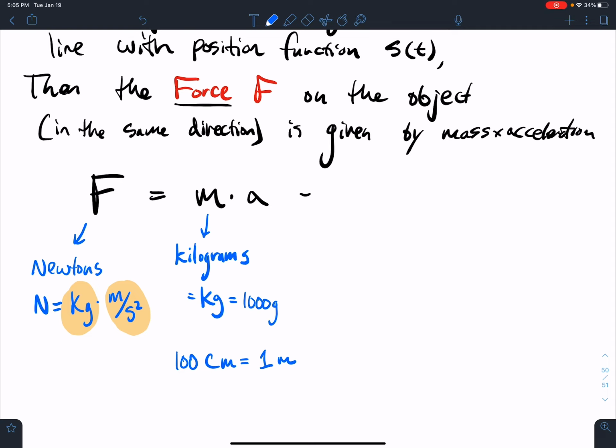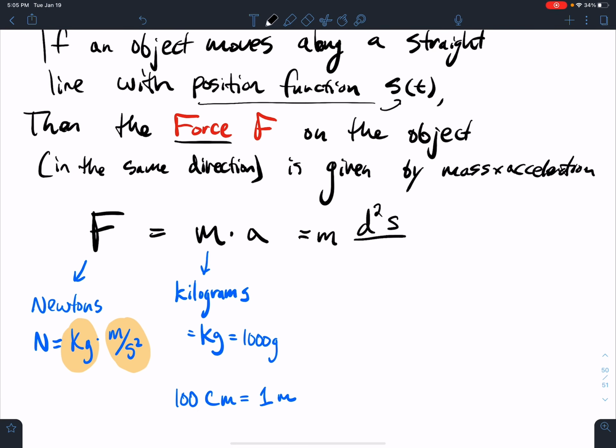All right. Now, acceleration is going to be the second derivative of the position function. My position function is s of t.